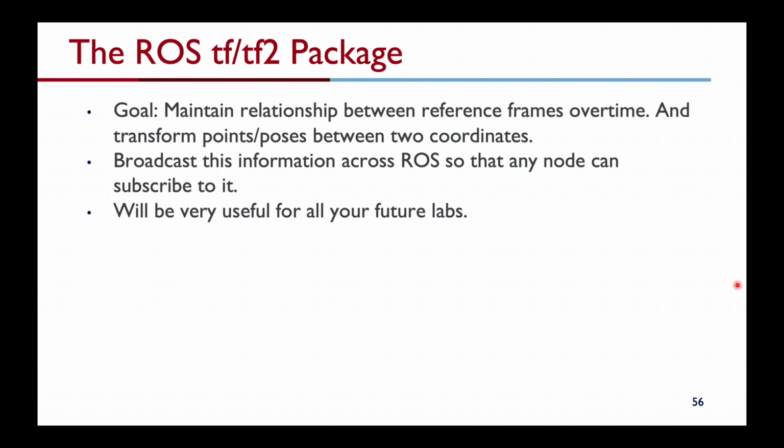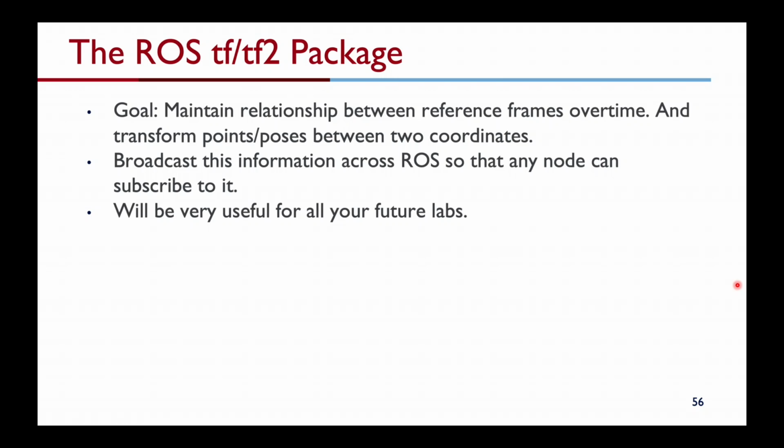To do this, ROS has provided a very convenient package called Transform, or TF or TF2 packages. The goal of this package is that it is able to broadcast these transformations. You can use listeners in your API to subscribe to the transformation, and you can pass some coordinates or data between functions so you can transform them from one coordinate system to another.